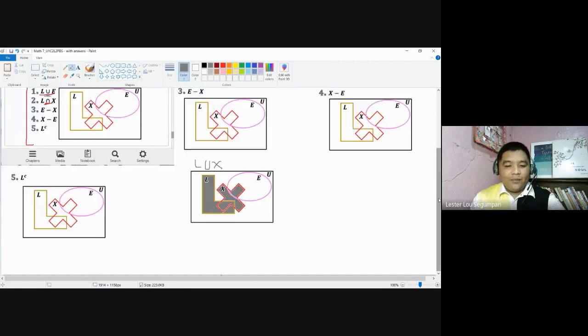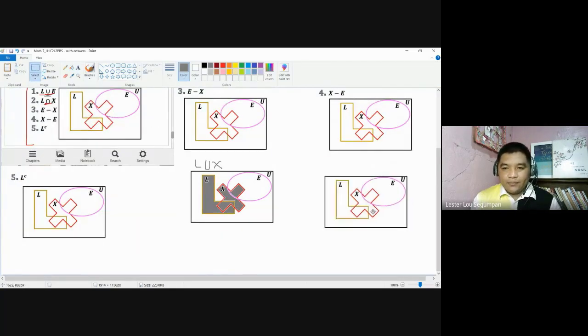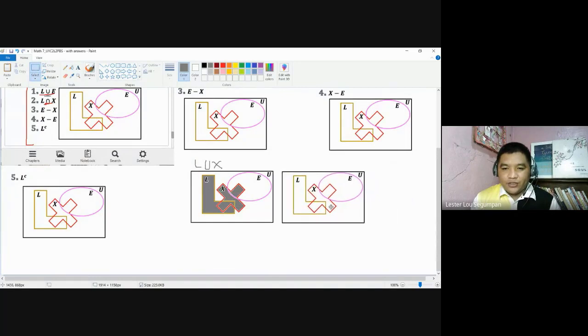What if I add another item? This is not anymore part of our pre-bake session, but just an extension. If I add another problem, and let's say I have here X intersection E, we are now going to shade the region where the figure for set X and the oval figure for set E overlap.